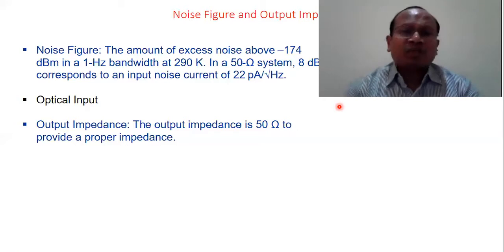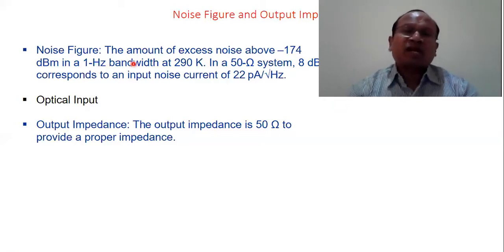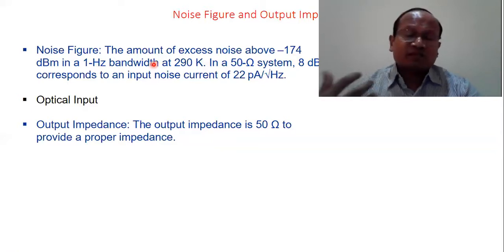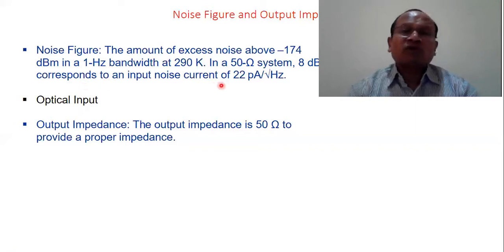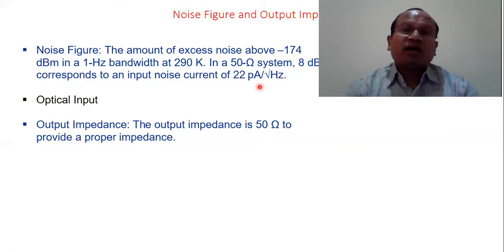So noise figure is the amount of excess noise above -174 dBm in 1 hertz bandwidth; it's always defined with respect to 1 hertz. In a 50 ohm system, 8 dB corresponds to an input noise current of 22 picoampere per square root of hertz. This is how you quantify the value of noise figure. The higher the noise figure, the poorer the system. And then optical input is of course a parameter.